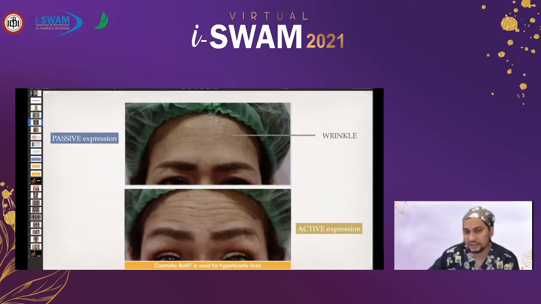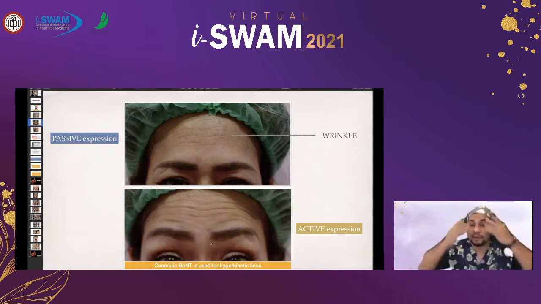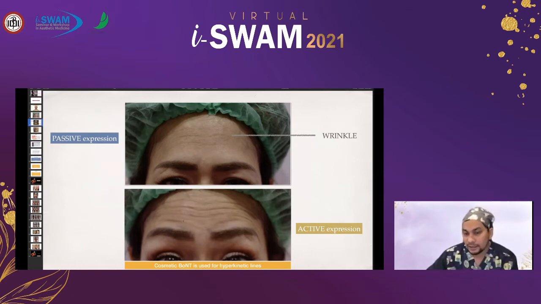This is the condition on passive expression. And when the patient lifts up the eyebrow, we can see it becomes worse. So this is a hyperkinetic line, and this is the line that we can get on passive expression. This is exactly the conventional botulinum toxin indication.